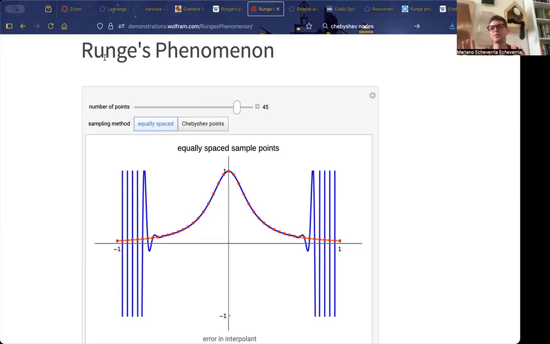What I'm trying to give you as an example is that it is not true that the more points you add in the interpolation, the better the approximation. So I'll break down the answer. The reason why it happens is that if you find the formula for the error between the function and the polynomial, it involves the higher derivatives of the function.